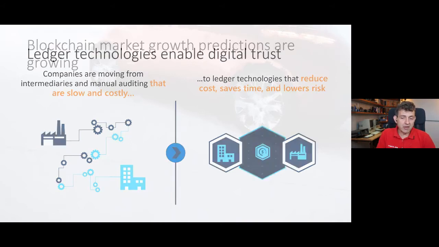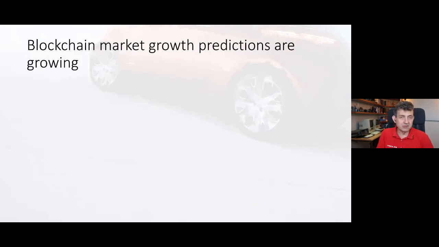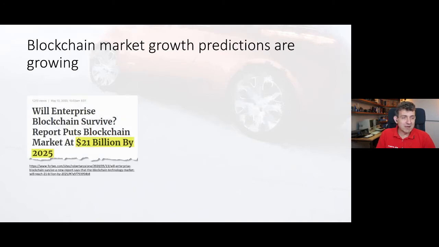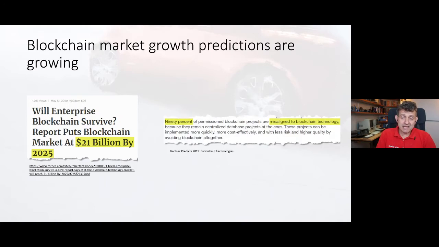And just to give you a very broad picture of how big all this stuff around ledger and blockchain is, the blockchain market is huge, quoted at 25 billion by 2025. Not only that, there is a problem.